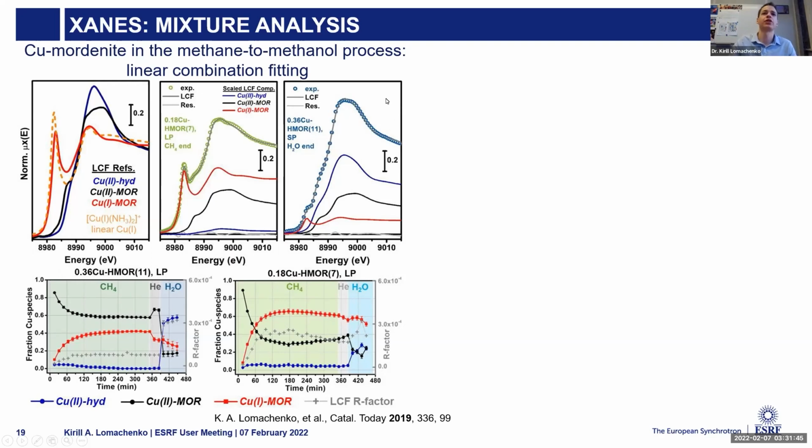But this approach, linear combination fitting, is very powerful, but it has one very important disadvantage, that you need to know the spectra of reference compounds beforehand. And sometimes you don't have this knowledge, or this knowledge is incomplete, so you don't know the spectra of all the reference compounds.